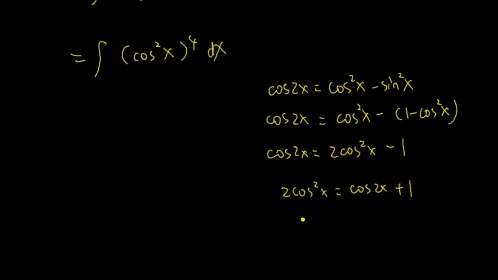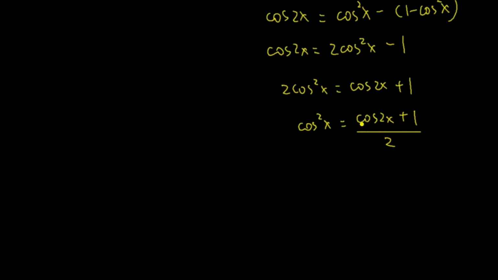Now divide both sides by 2, so I have cosine square x is equal to cosine 2x plus 1, all divided by 2. Let me switch the order here. So cosine square x is equal to 1 plus cosine 2x, divided by 2.